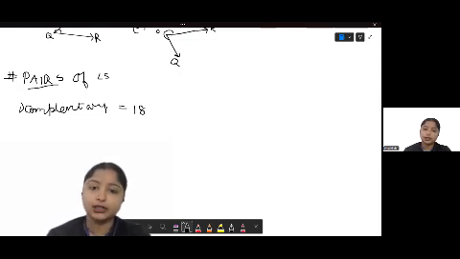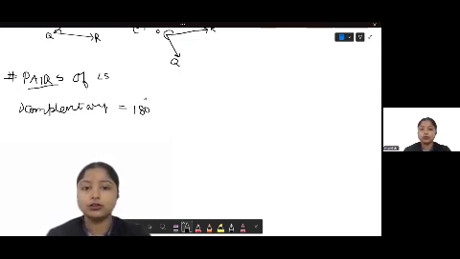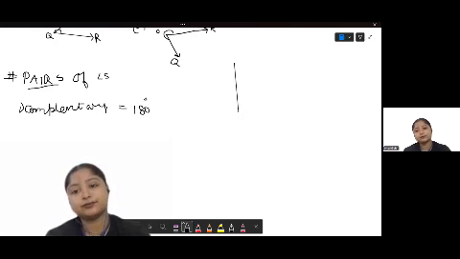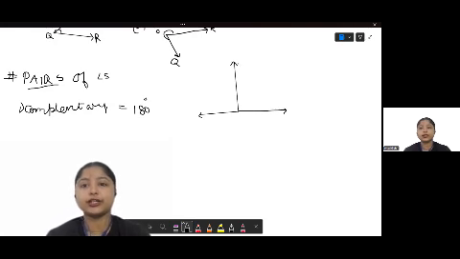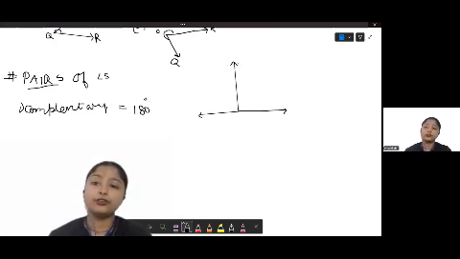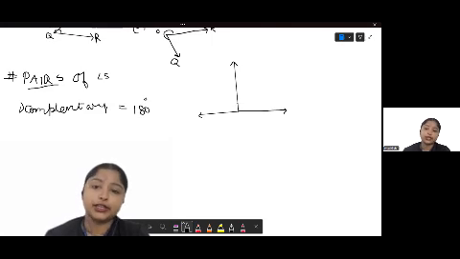For example, if I draw these two angles over here, you see that these are two straight angles that I have drawn. Now, the value of each is 90 degrees, as you know, because it's a right angle.